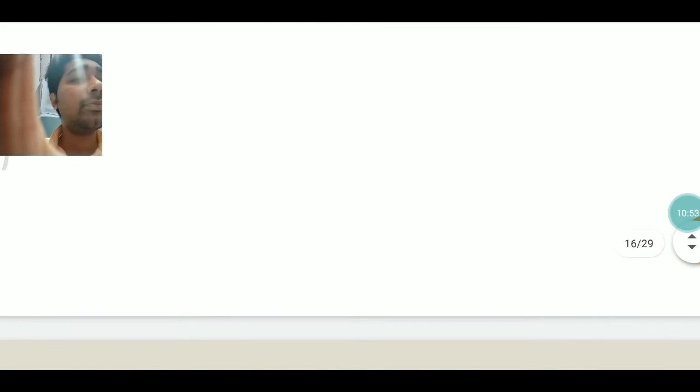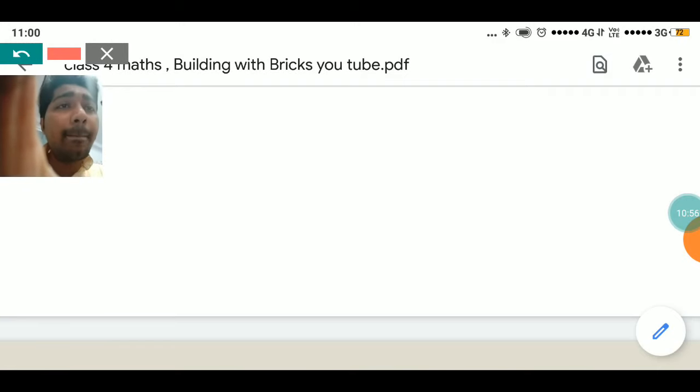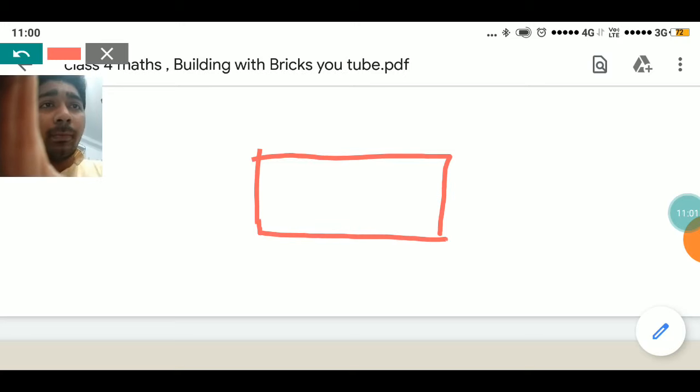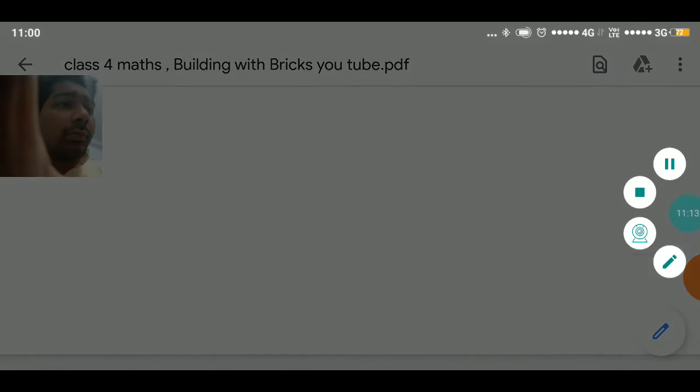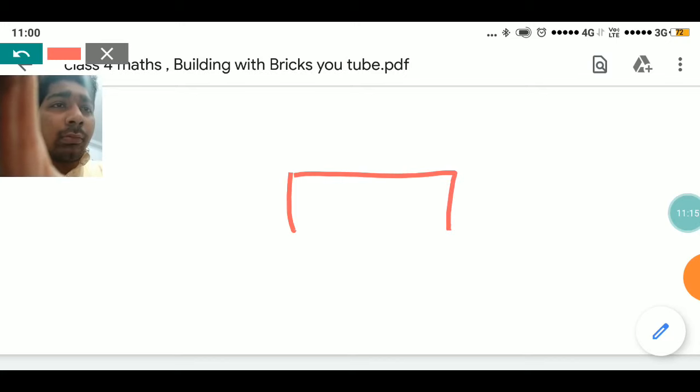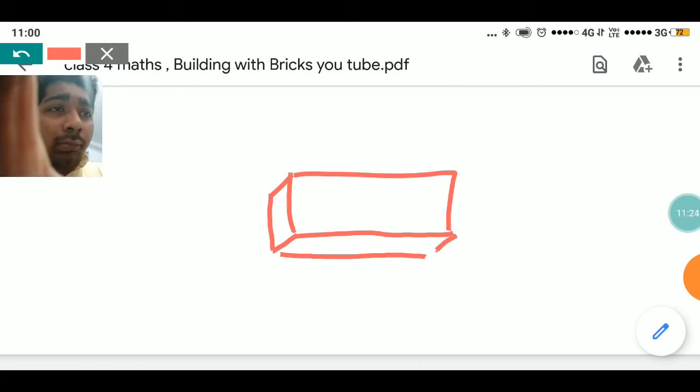Look, I will draw here. Okay students, you will draw like this. This is a straight line, not okay, this is a straight line.